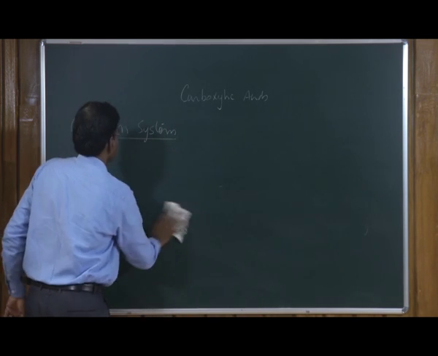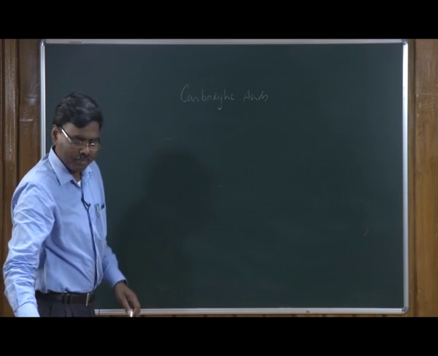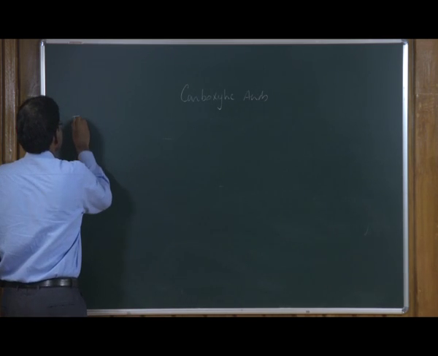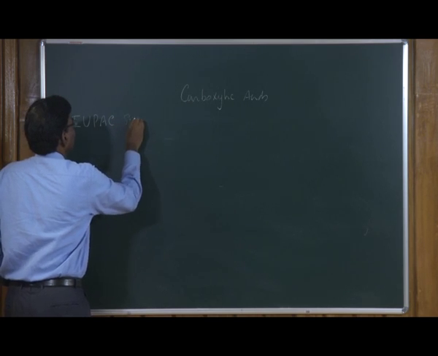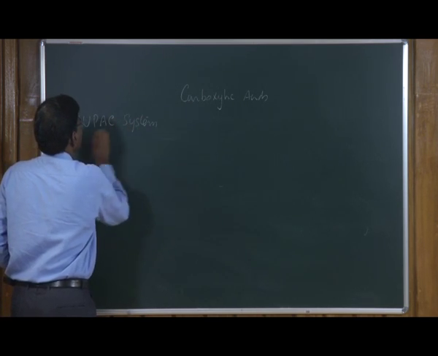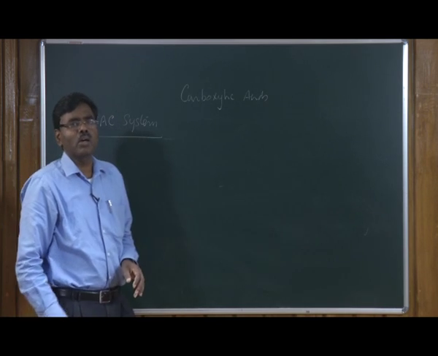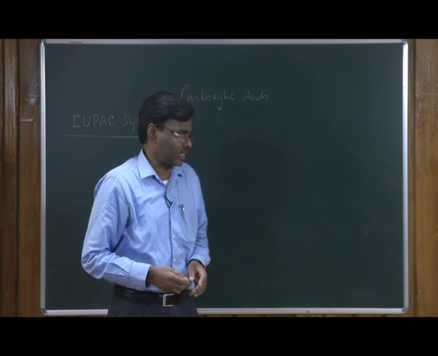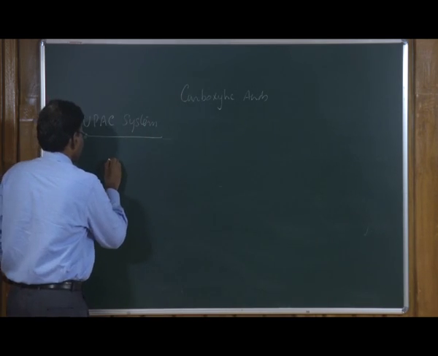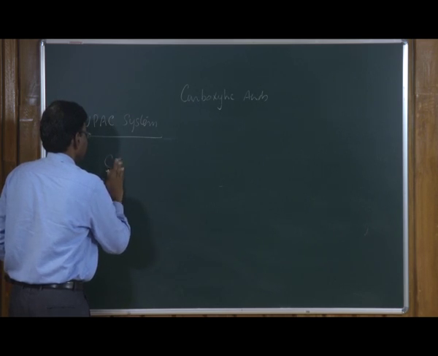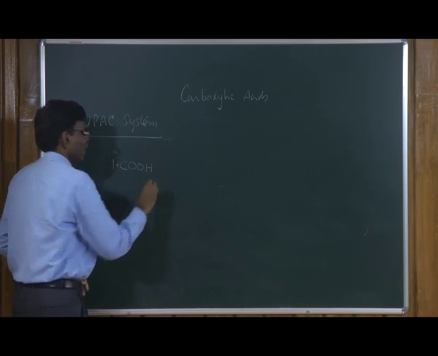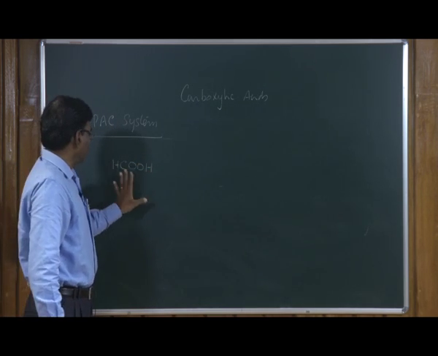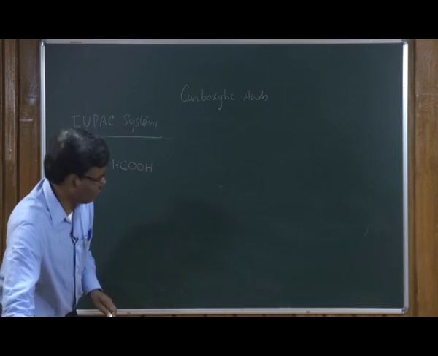So, now let us look at the IUPAC system. In the IUPAC system, carboxylic acids are called alkanoic acids, and for example, just we have seen, the common name of this is formic acid.